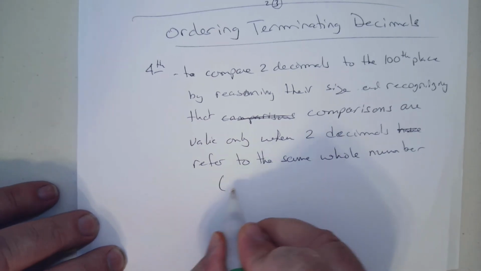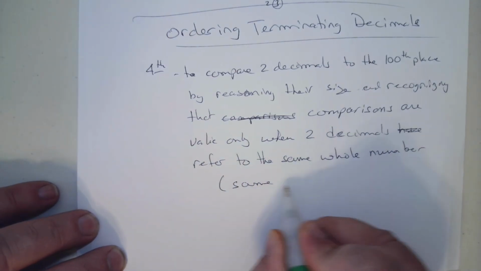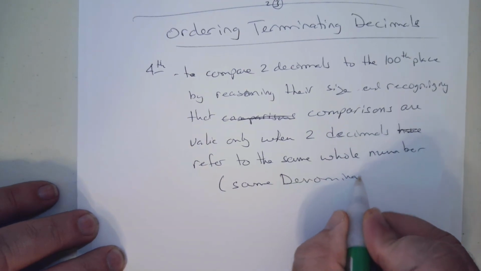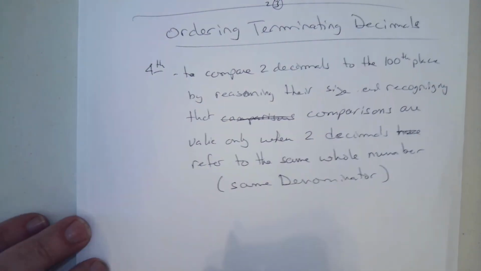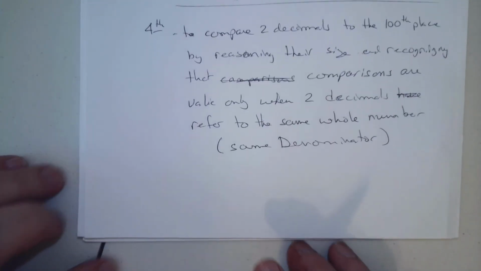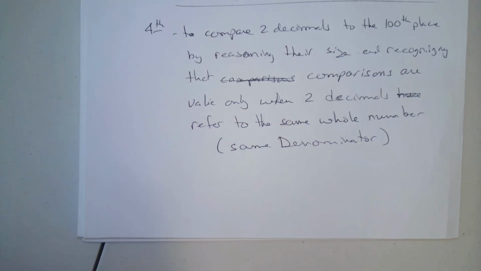What that means is they have to have the same denominator. So in order to compare two decimals or two fractions, they have to have the same denominator.